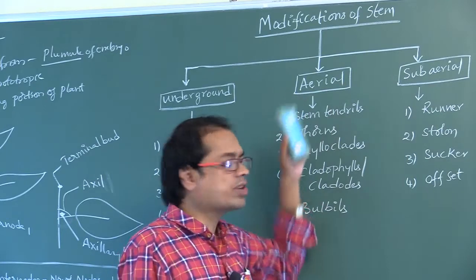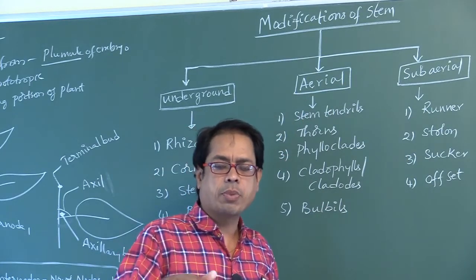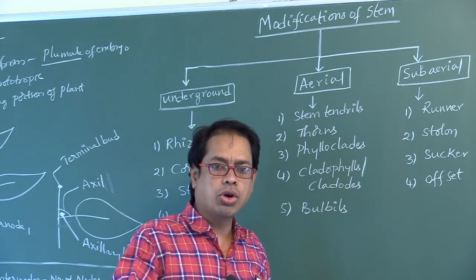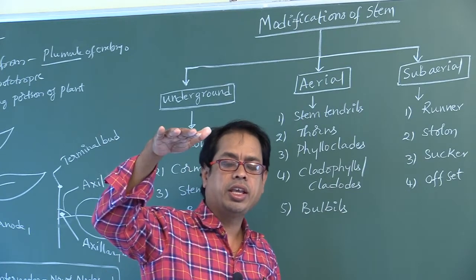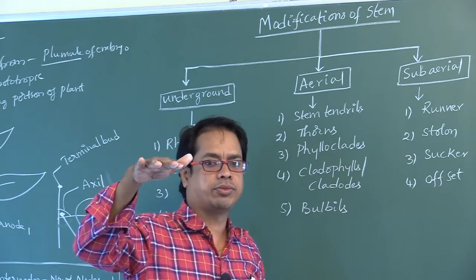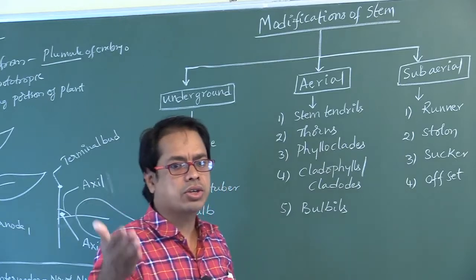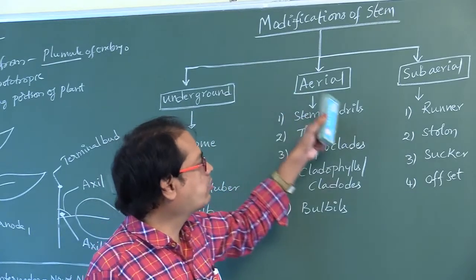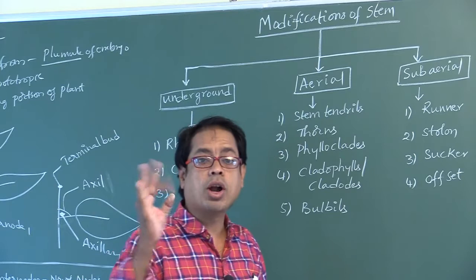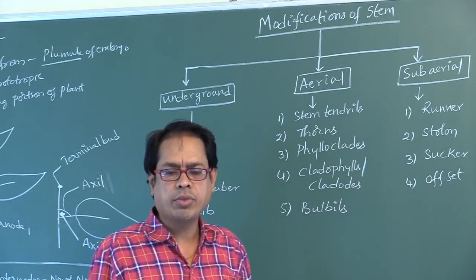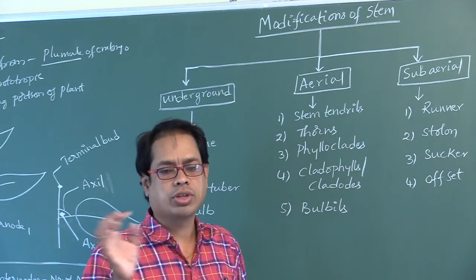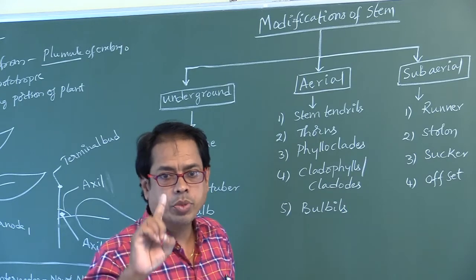What are aerial stem modifications? The stem which grows above the soil is called an aerial stem. If it shows modifications, they are called aerial stem modifications. So what is a modification? Modification means a permanent change, not a temporary change.